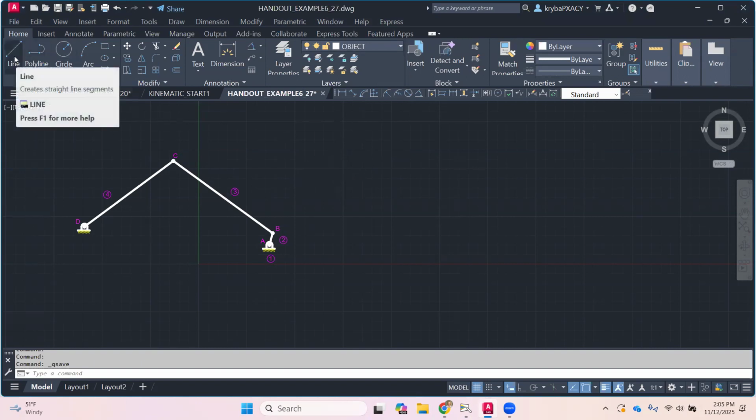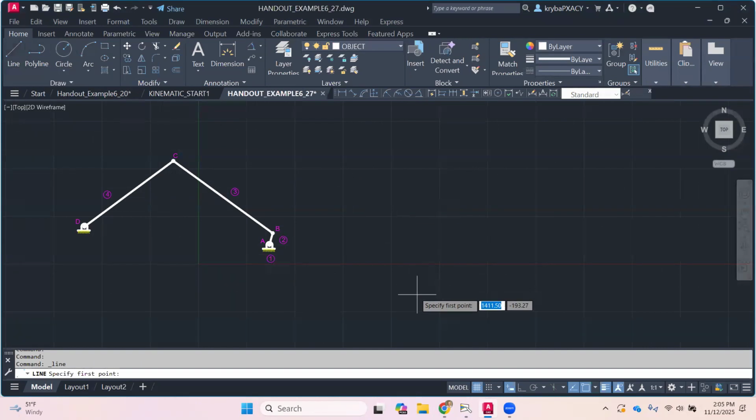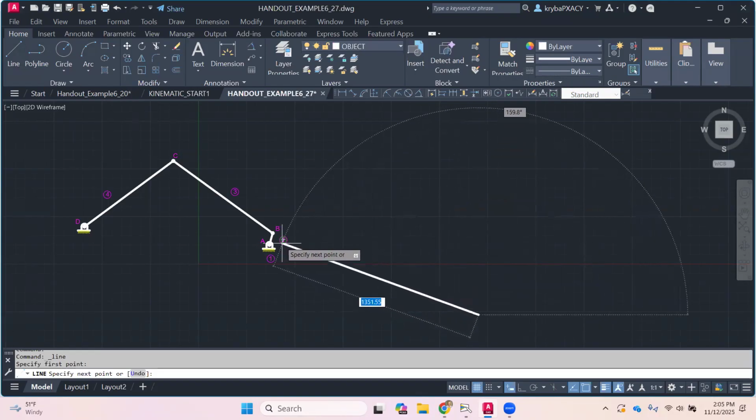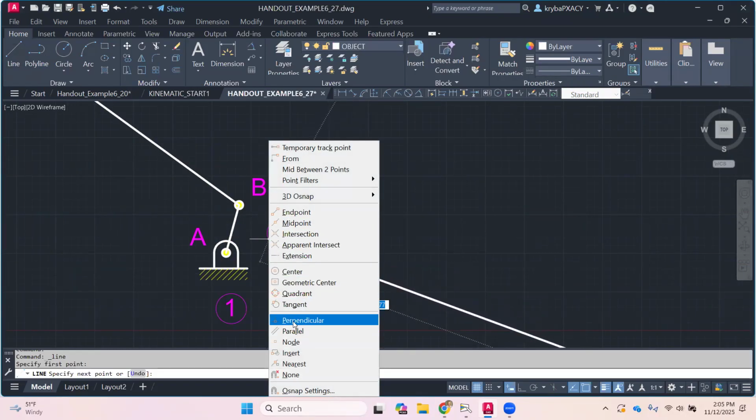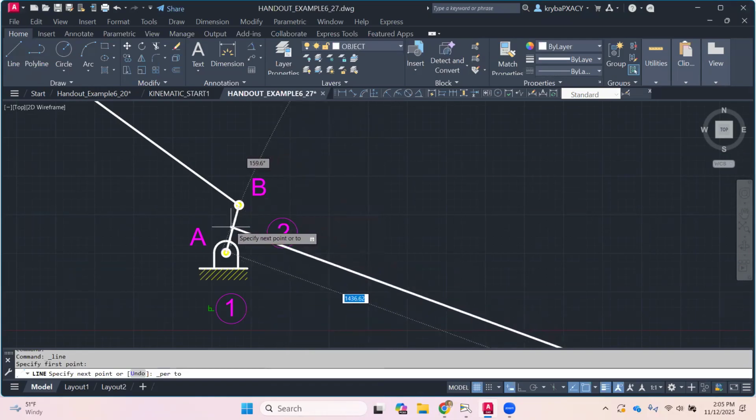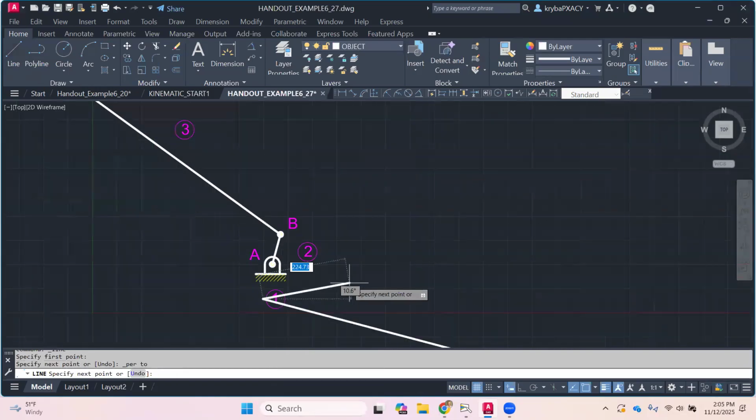And what we're going to do is draw a line, and I'm going to go randomly out here. I just need it to be perpendicular to link number 2. Make sure it's perpendicular here. There we go.